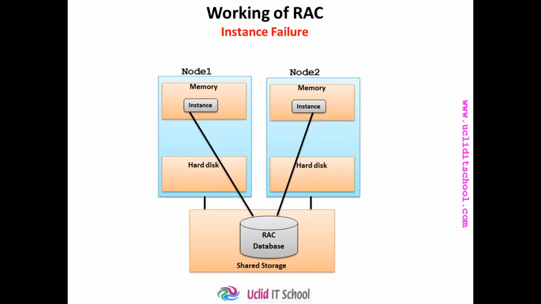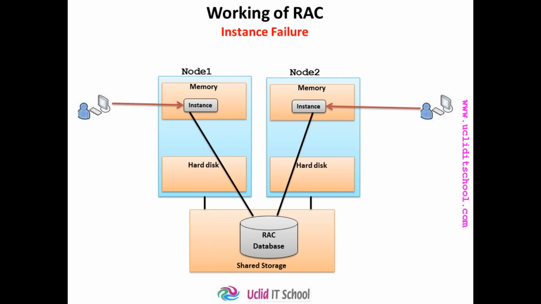Now in this scenario, your database has two instances. Clients may connect through any instance, right? Now, for example, I have one client connecting through the first instance. Another client connecting through the second instance from the second node.